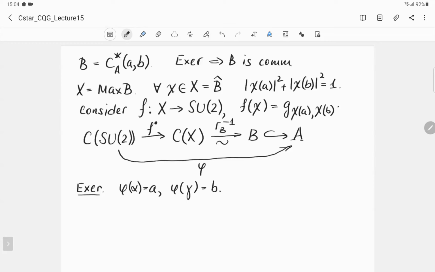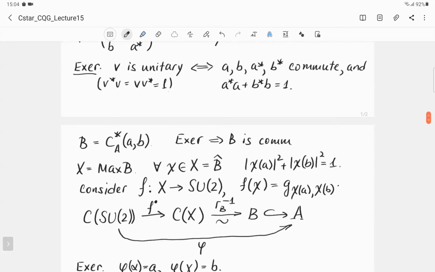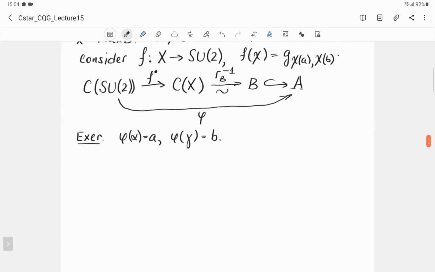Okay, so we have almost proved the universal property of our algebra. To complete the proof, we have to prove that such a homomorphism is unique. Well, the uniqueness of phi is a simple application of the Stone-Weierstrass theorem.